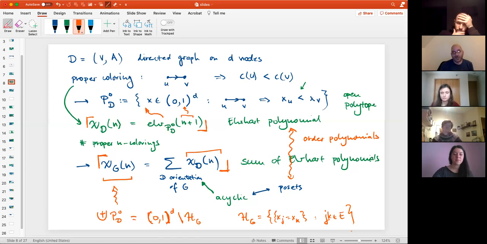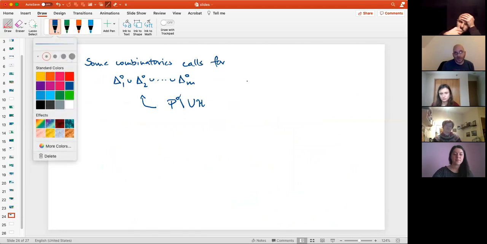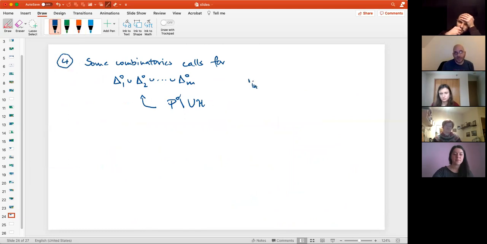This is exactly one of those combinatorial situations where this applies, and I think of this sort of as a fake subdivision, in this sense of what I wrote down. So if you hear the phrase inside-out polytope, this is what people mean.